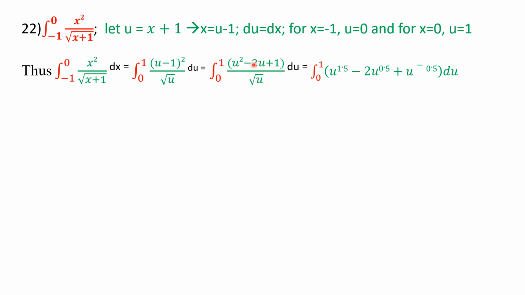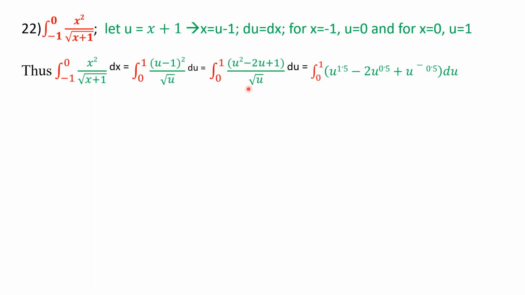It's a little bit more challenging, so what we can do is convert this from a rational function and make it just a polynomial. How do we make it a polynomial? We can just divide the numerator by square root of u and divide the denominator by square root of u.